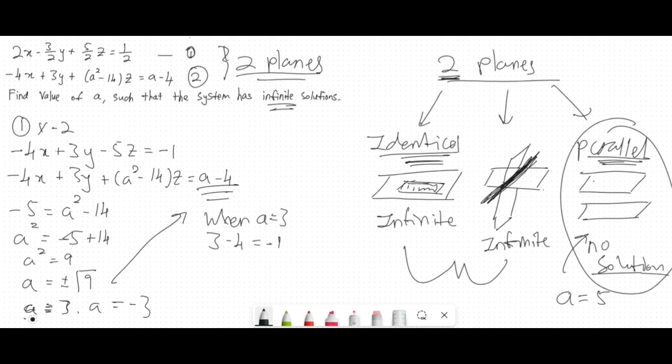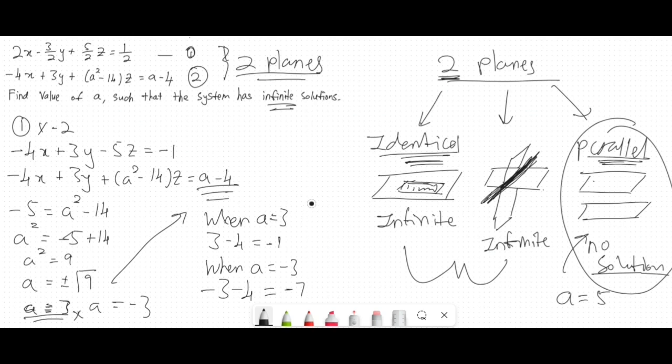So this is not the a value I'm looking for. Remember, we are looking for the a value for parallel, right? And then you test when a equals negative 3, it will be negative 3 minus 4, which is negative 7. Negative 1 does not equal negative 7. So yes, when a equals negative 3, they are parallel, right?